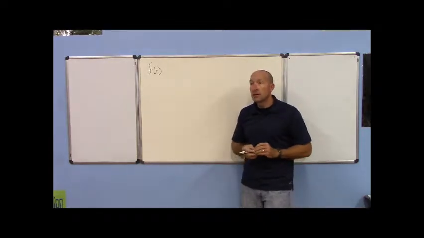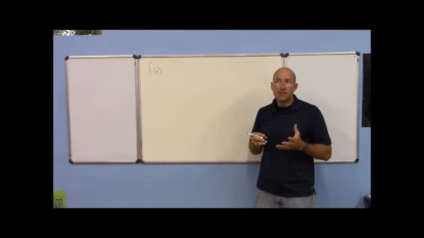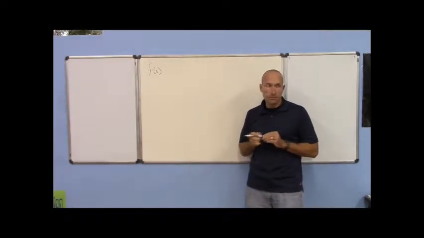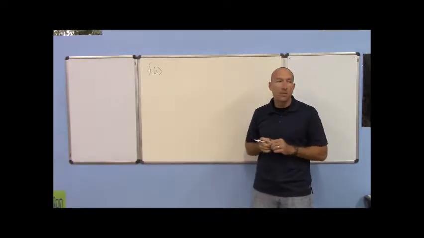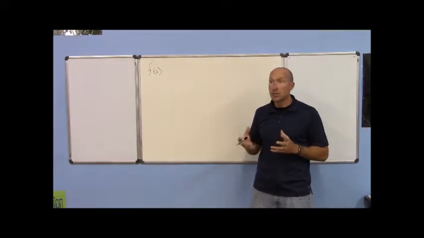Now with a quadratic equation, do you remember the requirements behind it? First of all, what does it have to equal? 0. Okay. What is the highest degree term that must be present? Squared, x squared.